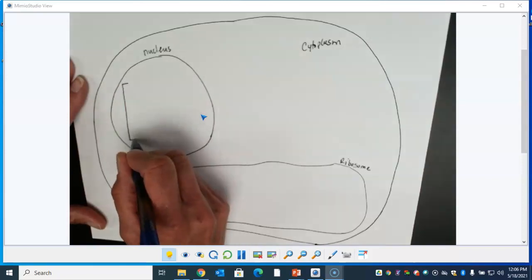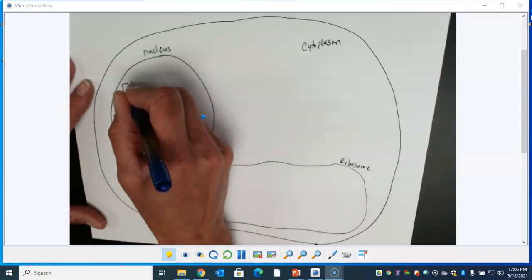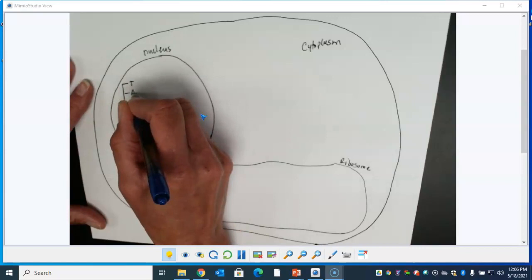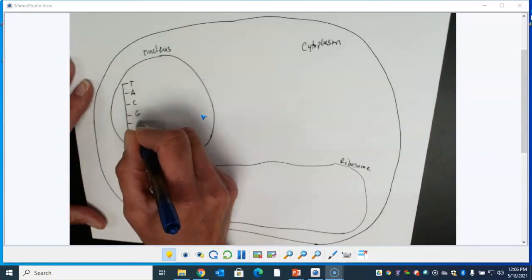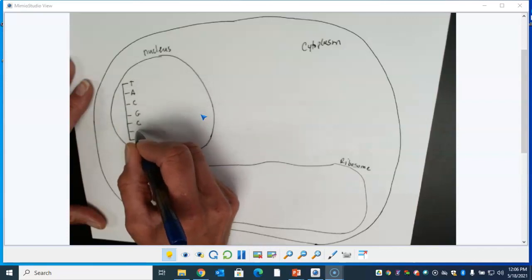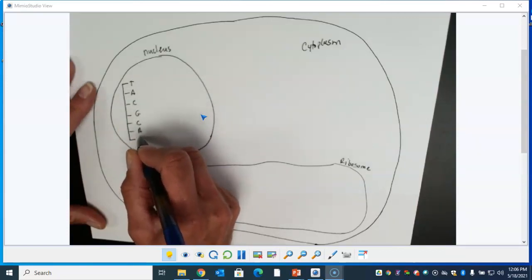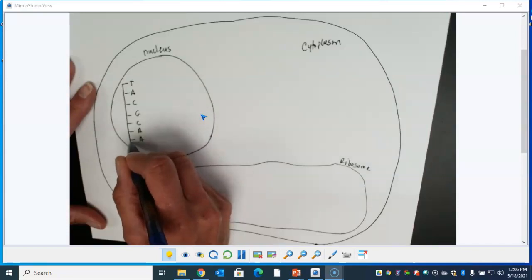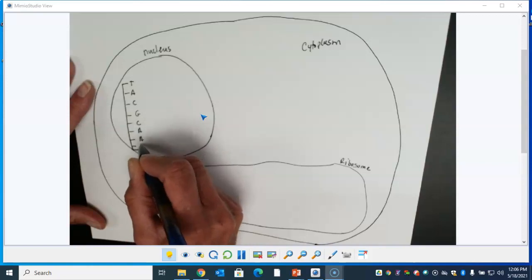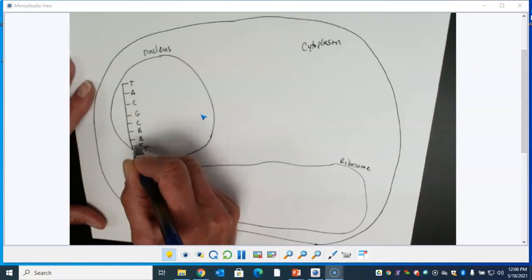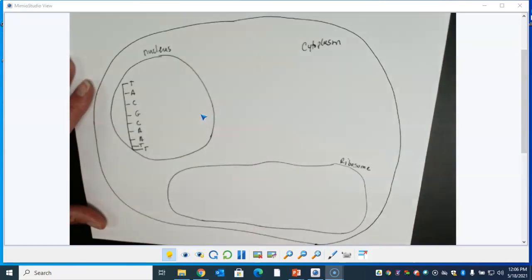Go ahead and do one side of our DNA molecule: T, A, C, G, C, A. I want two more: T and T. Almost ran out of room there. So this is one half of our DNA molecule.